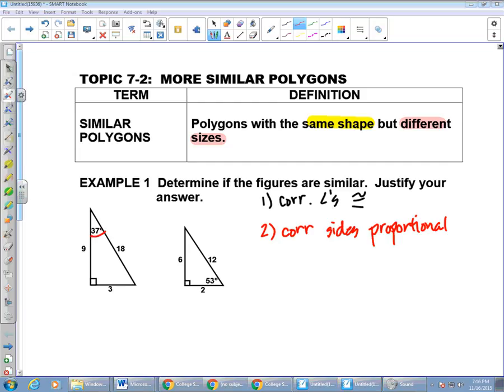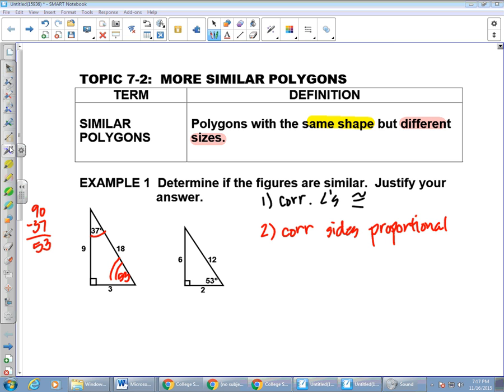This angle and this angle are the acute angles of a right triangle, so they're complementary, which means they have to add up to 90. So I'm just going to say 90 minus 37 is 53, and so this angle is 53.